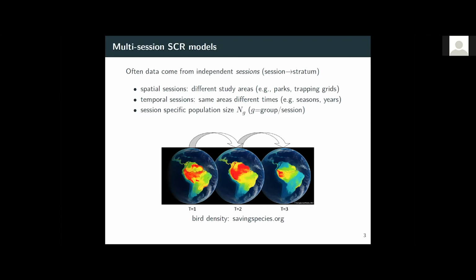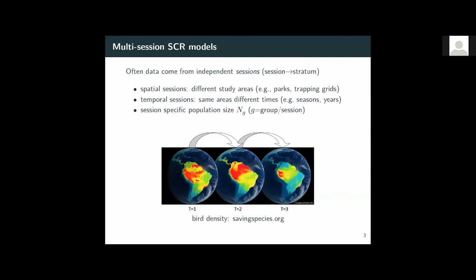Well, a natural framework for dealing with that would be to treat each year as a session, and then model session specific parameters where time or year is the session. You lose some of the independence between years, so you ignore the fact that the same individuals are in each year, but it is a convenient way to deal with these temporal sessions.